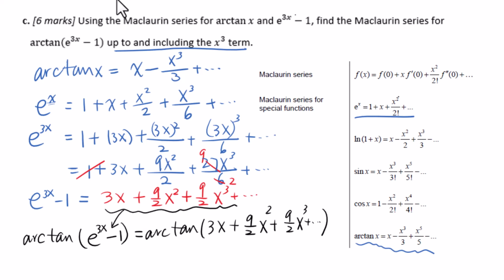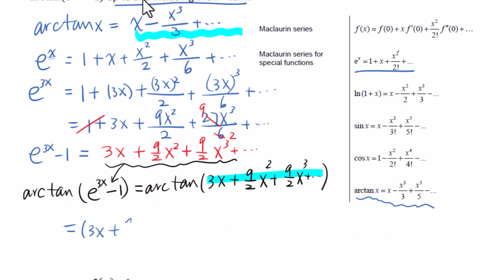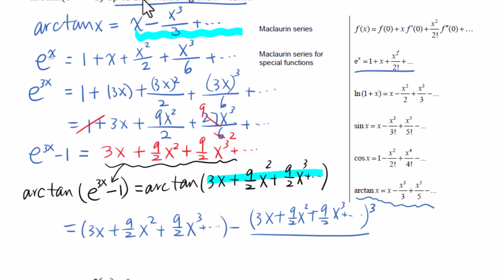Then we will substitute this for x in this function: 3x plus 9 over 2 x squared plus 9 over 2 x to the third power, minus the quantity 3x plus 9 over 2 x squared plus 9 over 2 x to the third power, to the third power over 3.